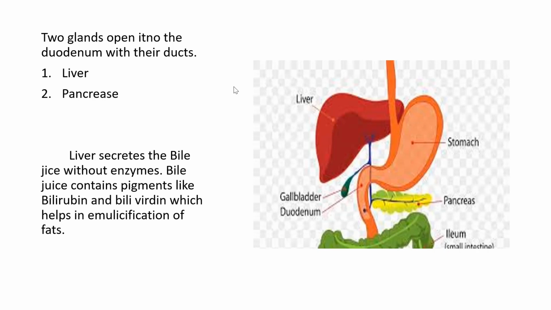There are 2 glands which open into the duodenum through their ducts. They are the liver and pancreas. The liver secretes bile juice without enzymes, but bile juice contains pigments like bilirubin and biliverdin, which help in the emulsification of fats.